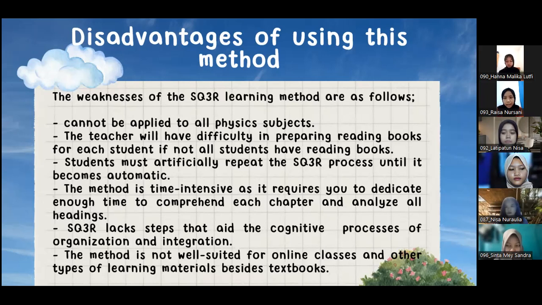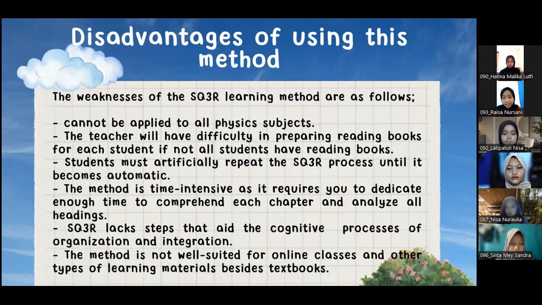The second, the teacher will have difficulty in preparing reading books for students. Next, students must artificially repeat the SQ3R process until it becomes automatic. Next, the method is time-intensive as it requires you to dedicate enough time to comprehend each chapter and analyze all headings.